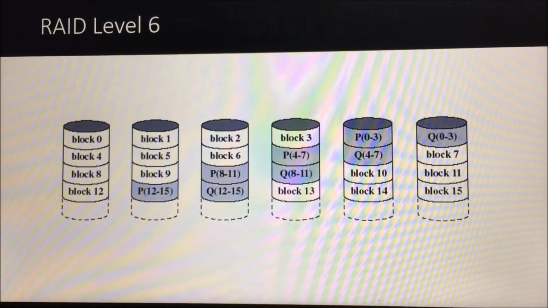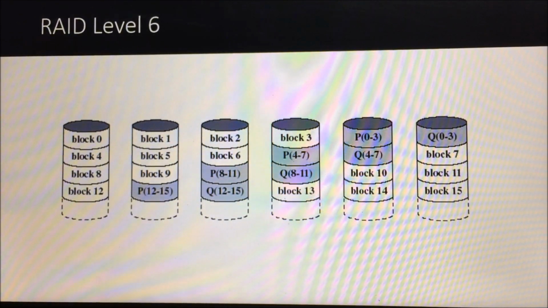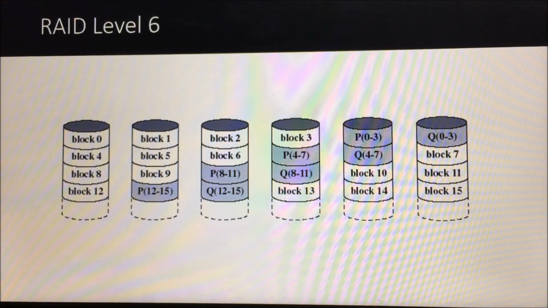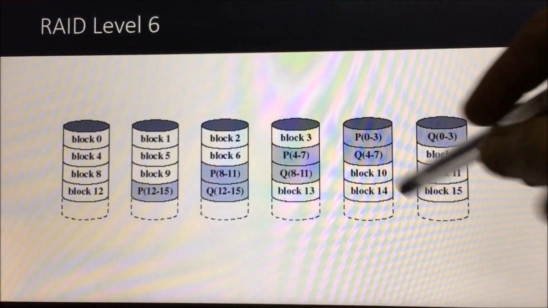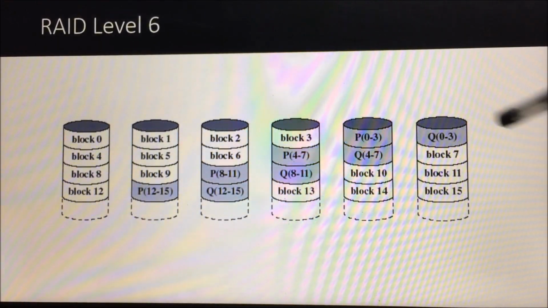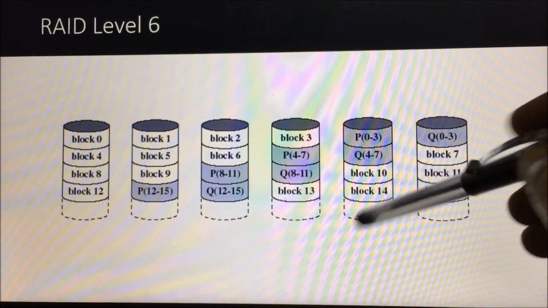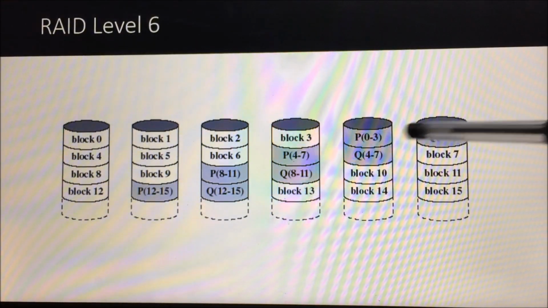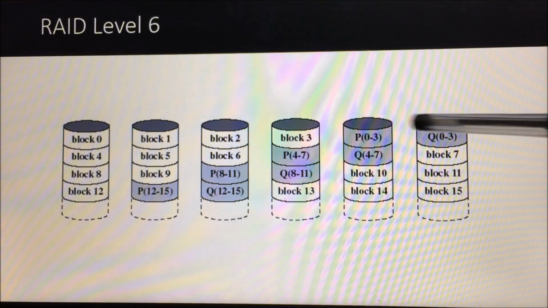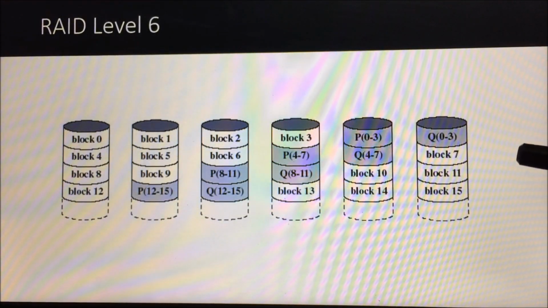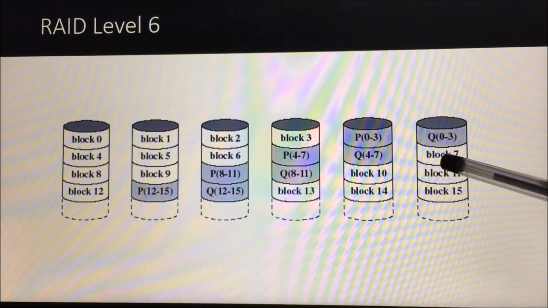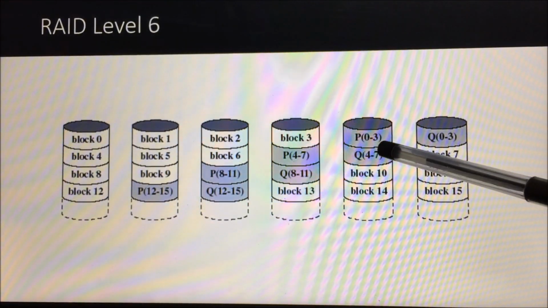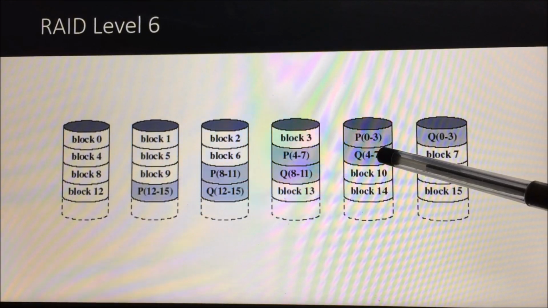It is a bit complicated to rectify the data, and here we can see that there are 3 different kinds of data loss. The first case is loss of 2 parity disks. Let us say that these 2 disks are lost. So 2 parity blocks are lost, and it can easily be recovered because the data already exists. Then, in another case, 1 data block and 1 Reed-Solomon code are lost.